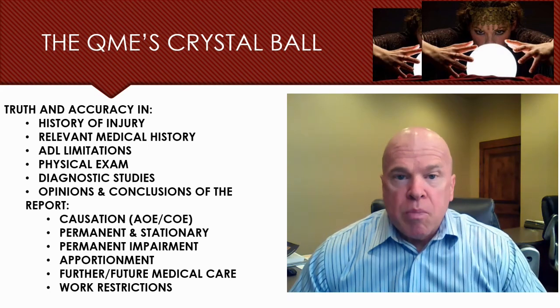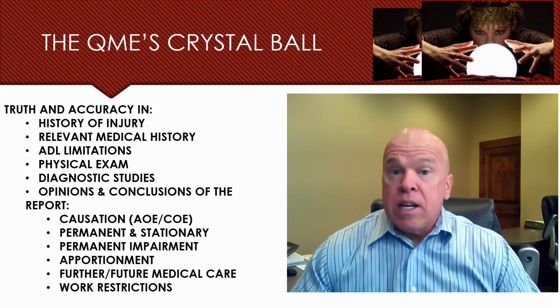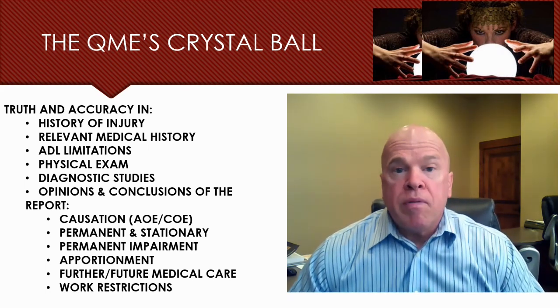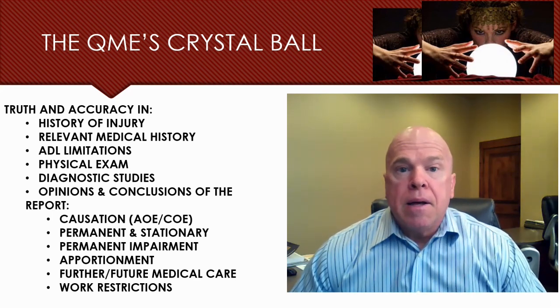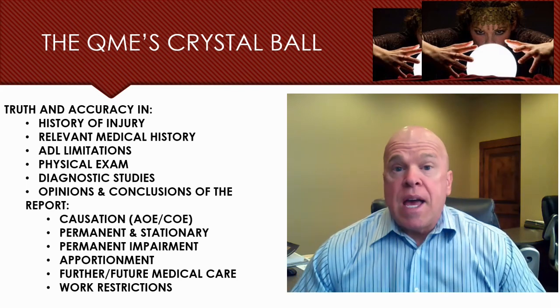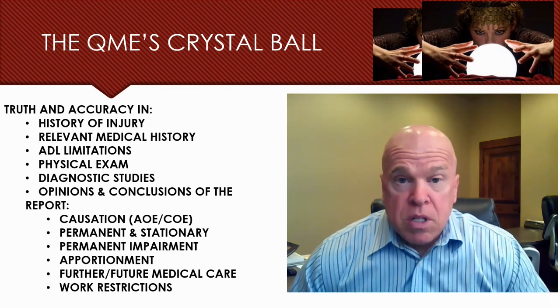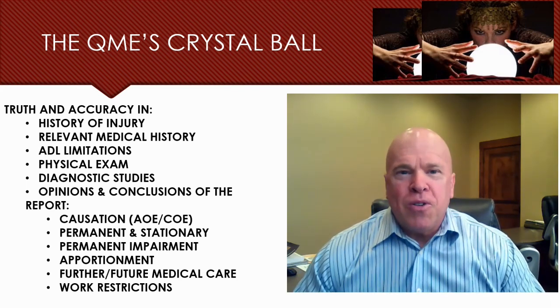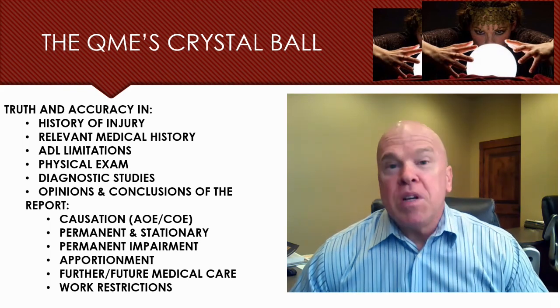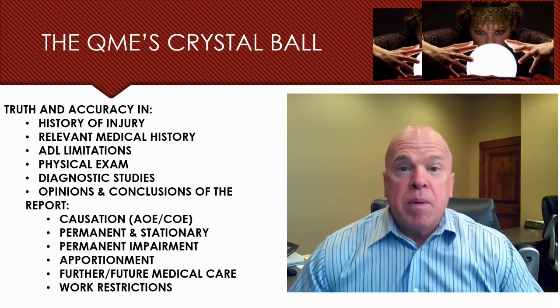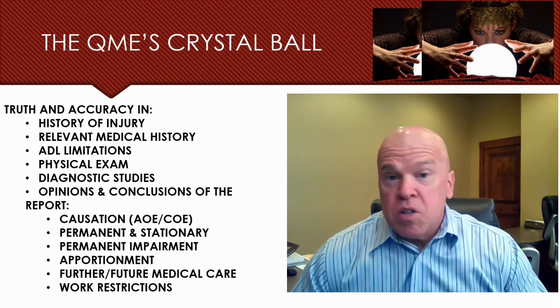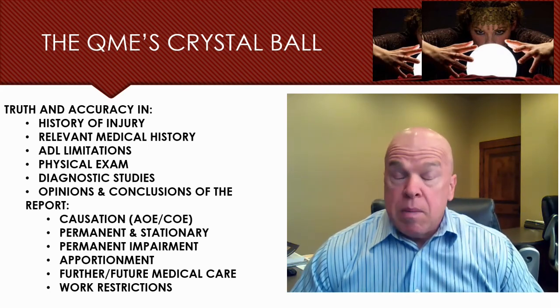Well, sometimes this can be difficult because of the very nature of the type of work that we do. It's oftentimes very, very difficult to determine the issues. For example, with an apportionment approximate percentage, it's very, very difficult to, within reasonable medical probability, ascertain an exact percentage of permanent impairment that may be due to the industrial injury, an exact percentage that may be due to other factors.